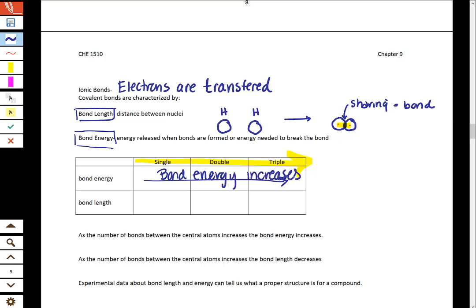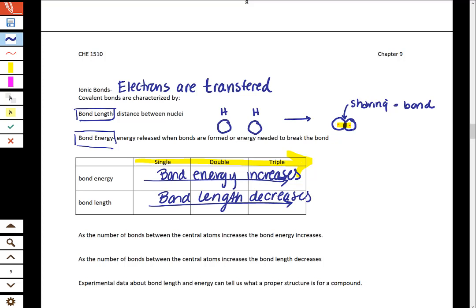And the bond energy is usually defined as how much energy it takes to break that bond. And then as we go from single to double to triple, the bond length, so the distance between the nuclei, decreases. So triple bonds are shorter than single bonds.